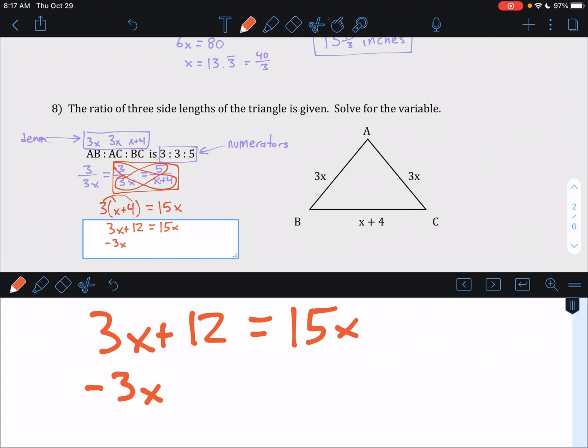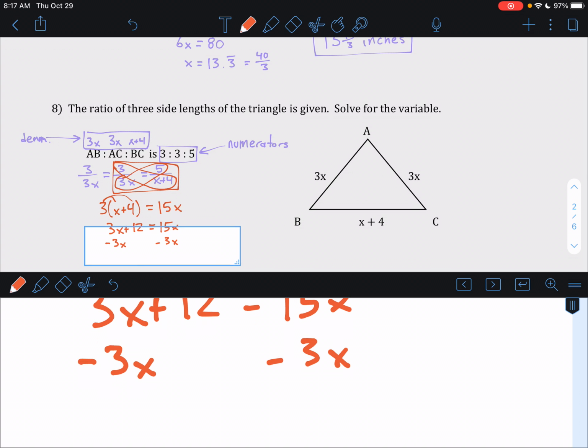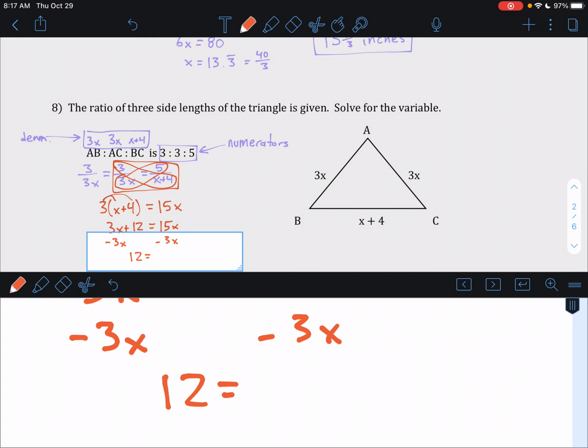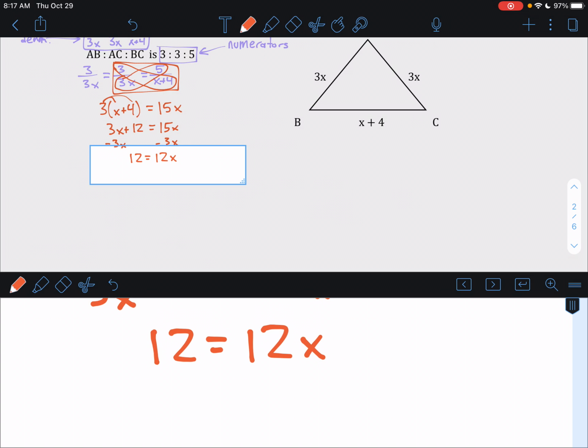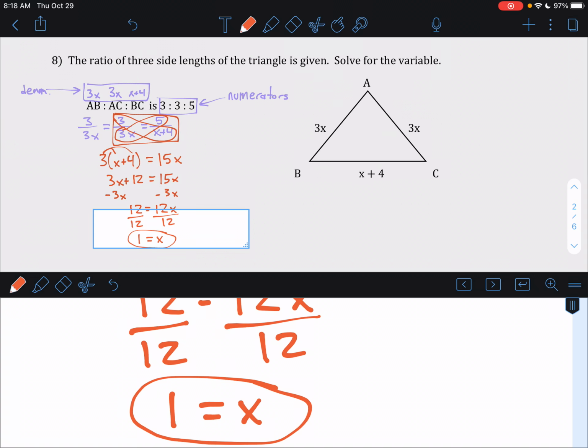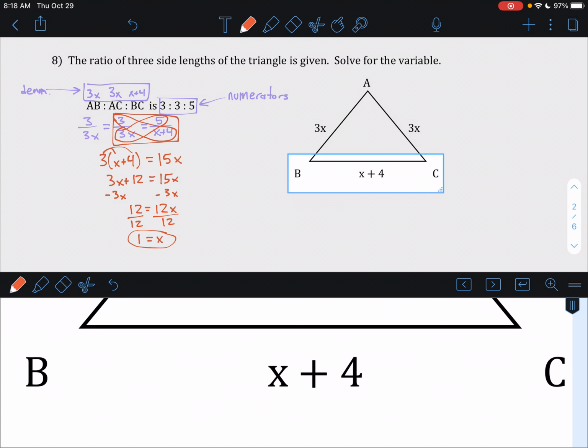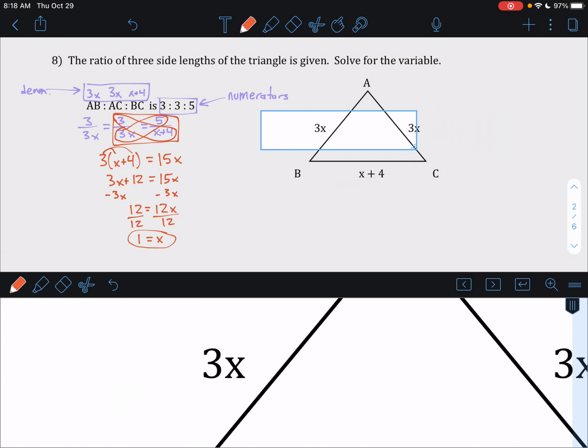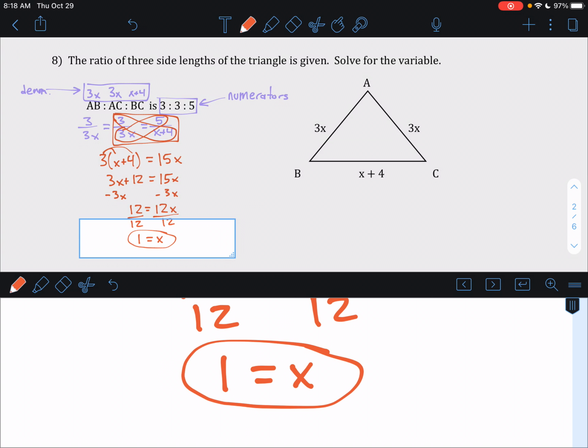Subtract 3x from both sides. 12 equals 12x. And I will divide both sides by 12. 1 equals x. And it asked me to solve for the variable, so I'm done. If it had asked me to solve for the side lengths, I would just plug it back in. So I would do 1 plus 4, or 3 times 1. But my answer here is just 1 equals x.